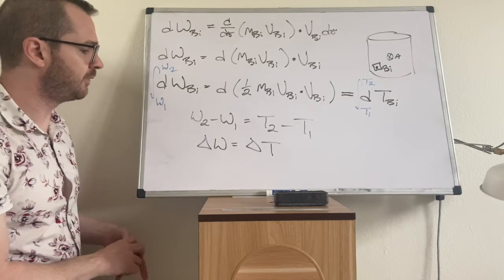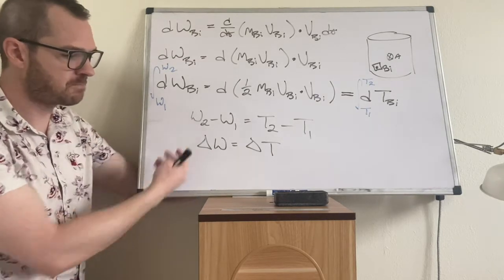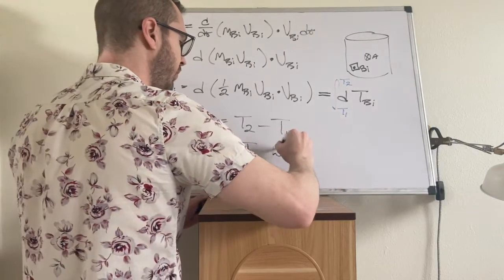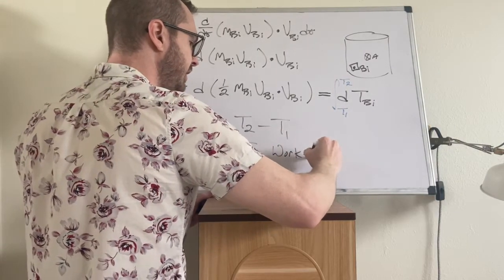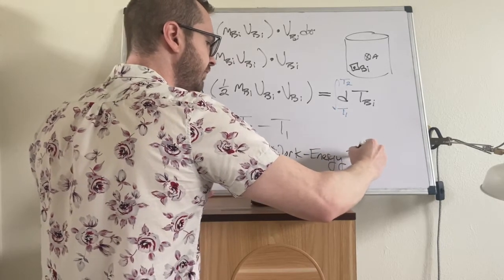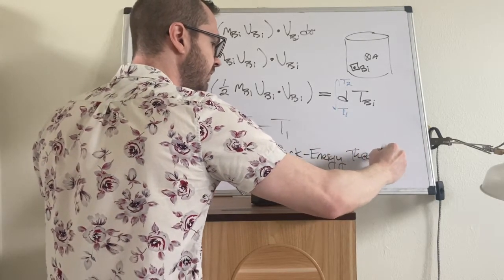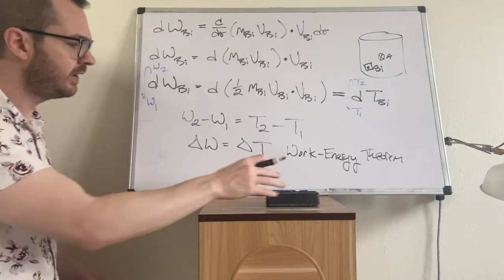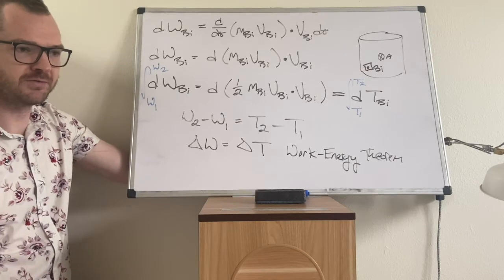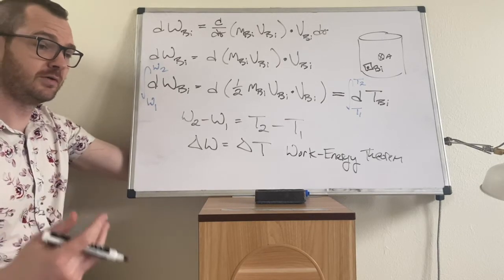In mechanics, this is called the work energy theorem. Really, this is like your first law of thermodynamics, where we say that energy has to be conserved. The energy has to go somewhere.